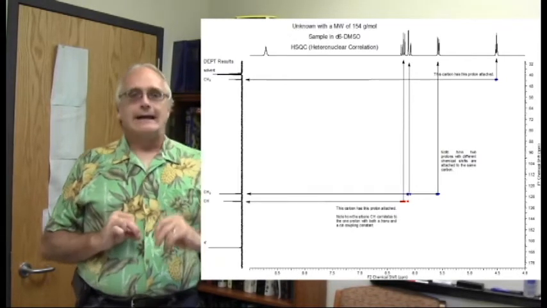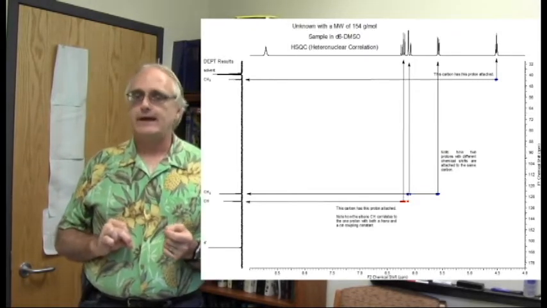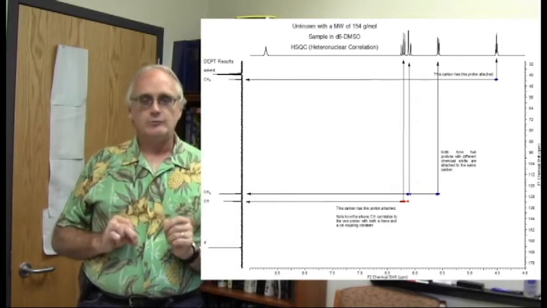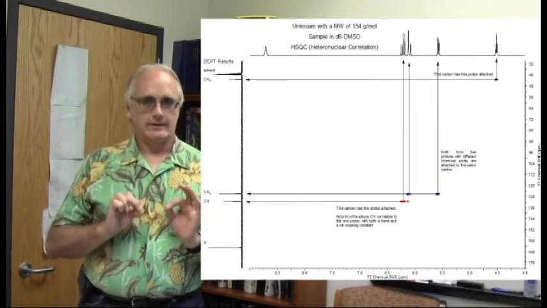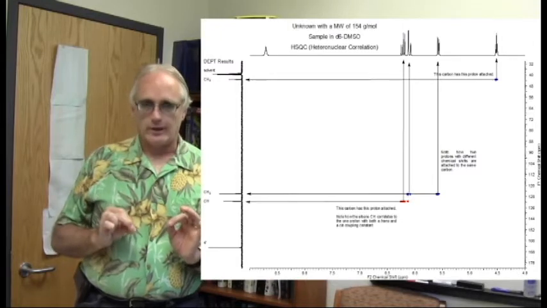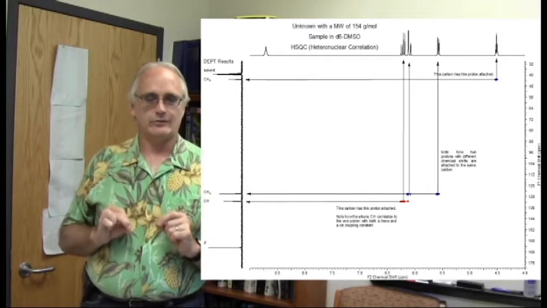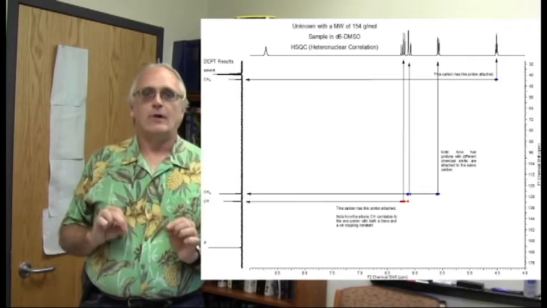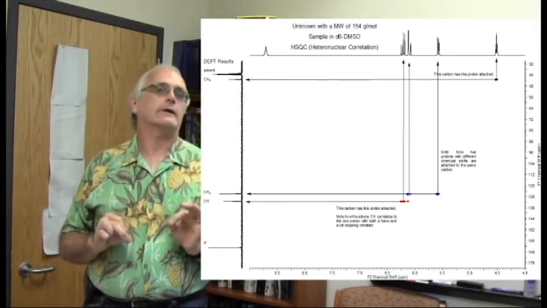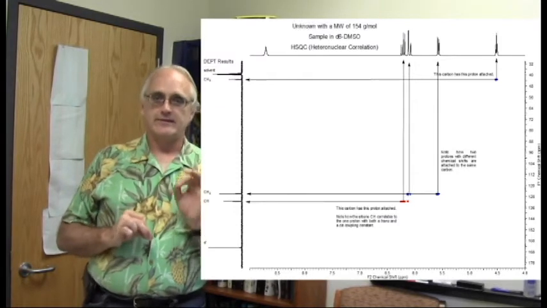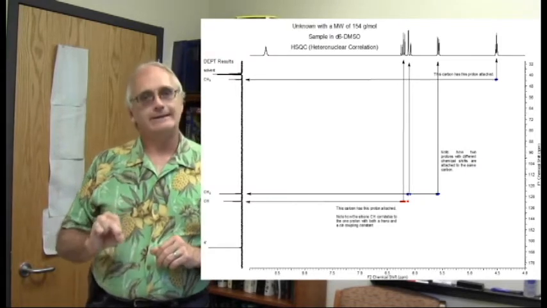There are two. The DEPT 135 already has told us this is a CH2, not a CH. And sure enough, it has two protons attached. But notice there's two spots, two protons of different chemical shifts. Sure enough, the cis proton and the trans proton are out there with different chemical shifts. And in fact, this marks them very nicely. This is our first example, and this is one of the beauties of a HETCOR spectrum. It is very good at showing us CH2 groups that have two protons that are not equivalent attached to it.